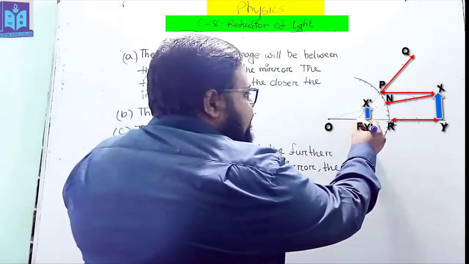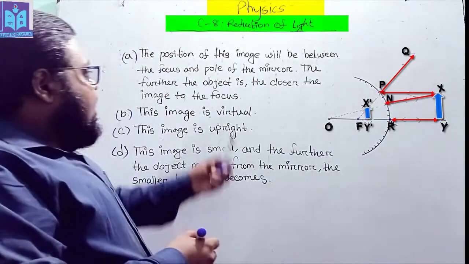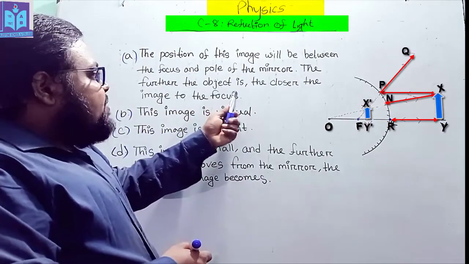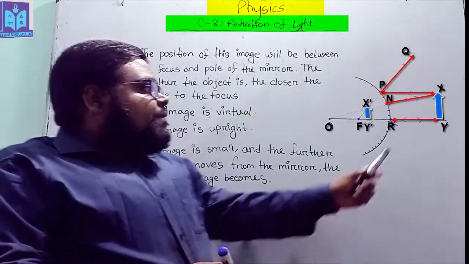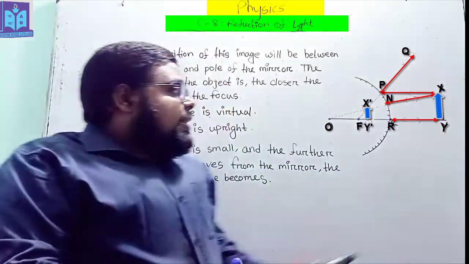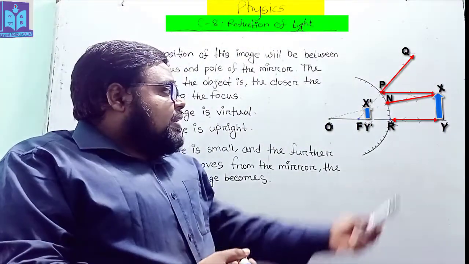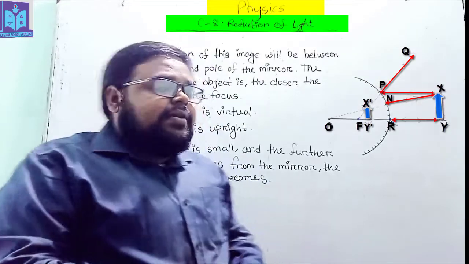That is the focal point and that is the pole. The further the object is, the closer the image is to the focus. That means if I move the object far from the mirror, then the image will be created closer to the focus. I hope you understand.